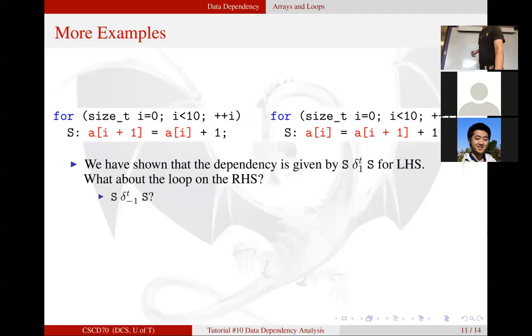Are we going to have S delta negative 1 t S? Well, the answer is no. Why is that? Why can we not have a negative dependence distance?